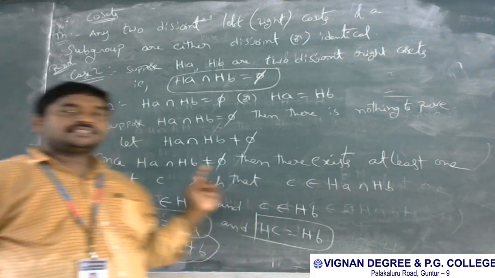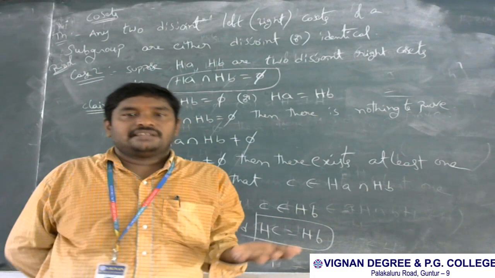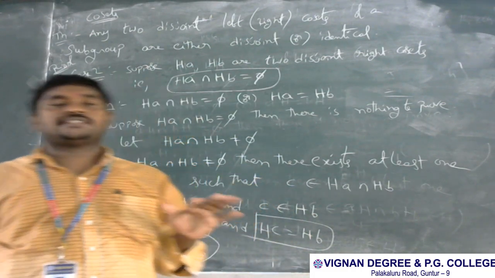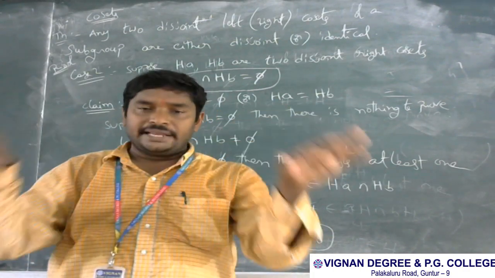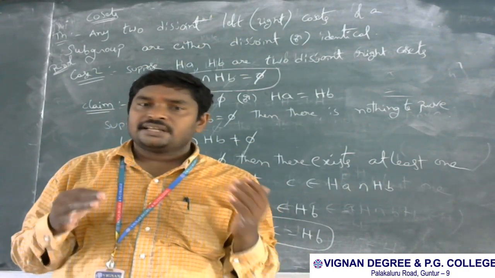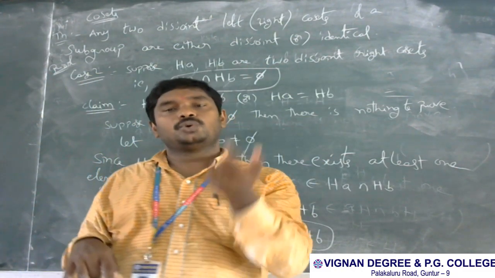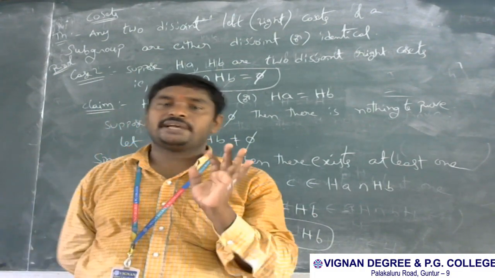Okay, friends? Since this is not equal to empty set, it means there is a non-empty set. Non-empty means there are somebody in the room, at least one or two or three, etc. So at least one element must exist.